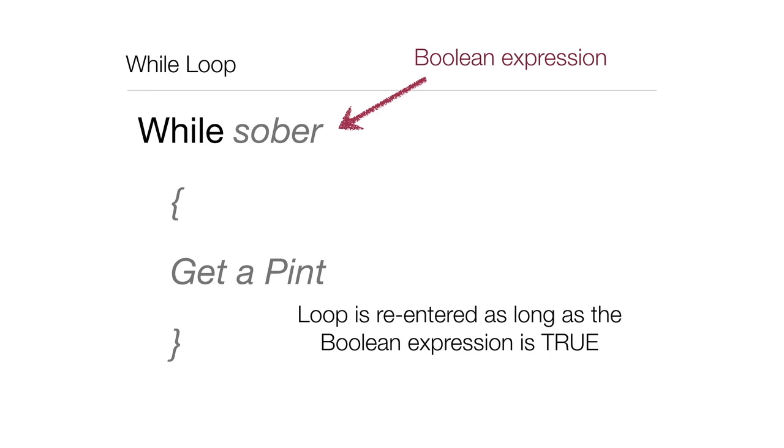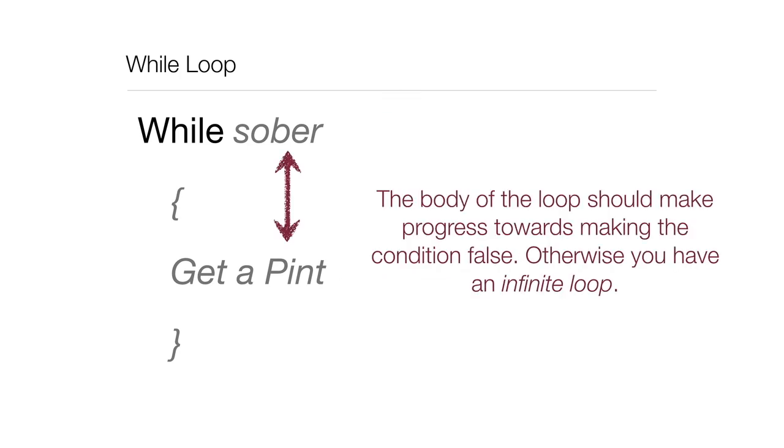Now, it's very important when you're designing your loop that there is some connection between the condition that decides whether the loop keeps going around or not and the body of the loop, so that you don't keep going forever and ever and ever. Inside the body of the loop, you must make some progress towards changing the condition.